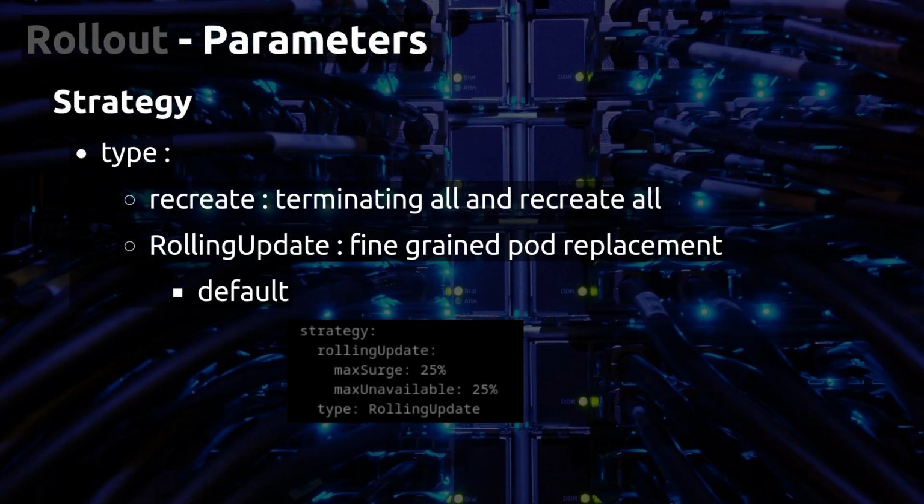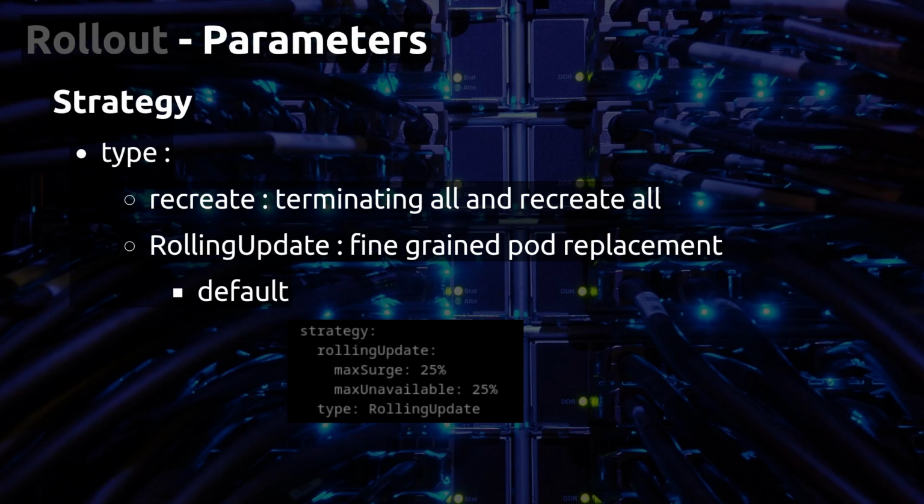And the second type is the rolling update, a really useful type, of course, because this is a fine-grained pod replacement. For example, if you have 10 pods, in this case you can manage how you upgrade all of them. You can set the maximum number of pods you want to be unavailable. In this example, we can see that we have 25%.